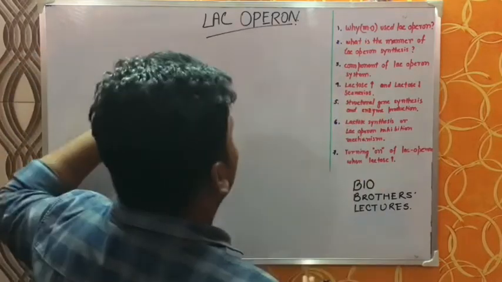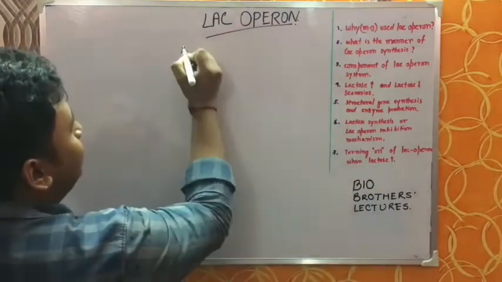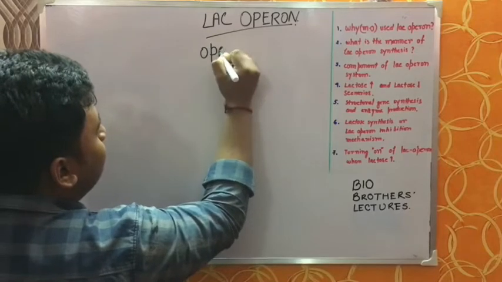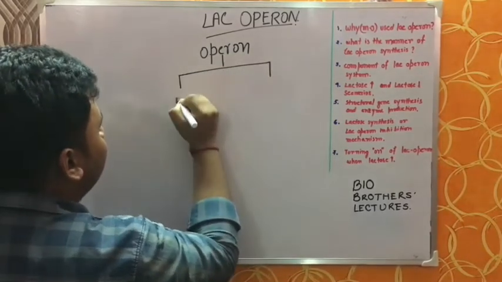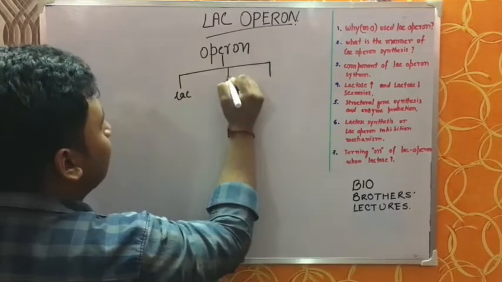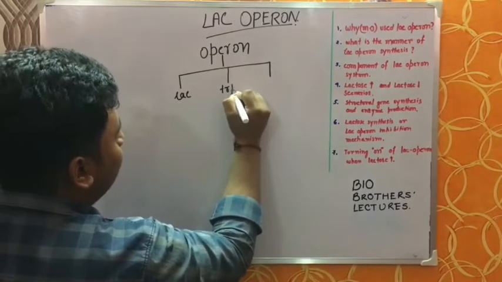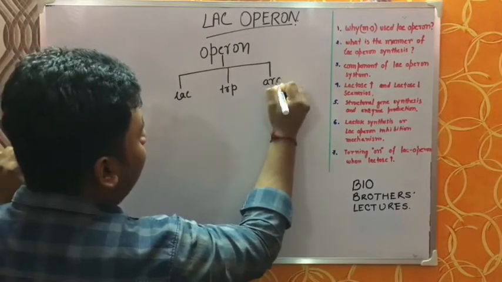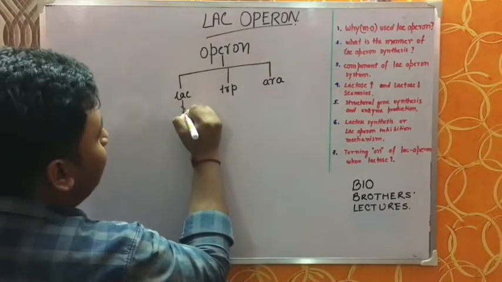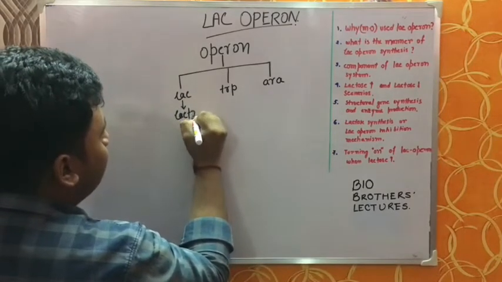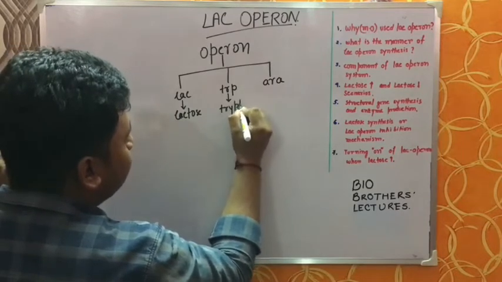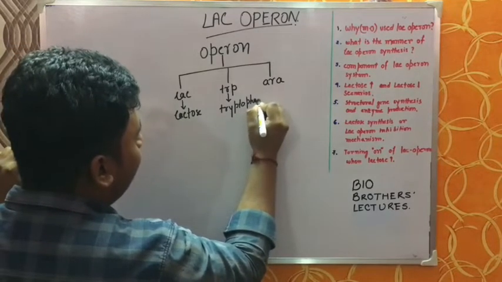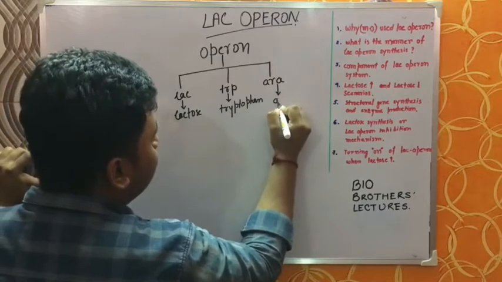Actually, operons are basically of three types: lac, trp, and ara, and their full forms are lactose, tryptophan, and arabinose.